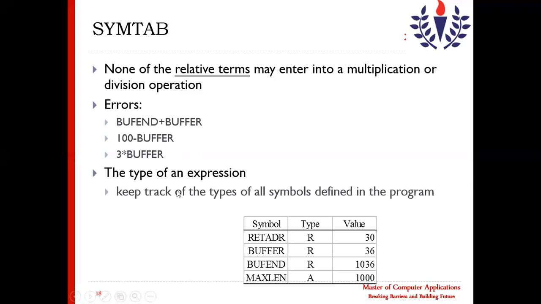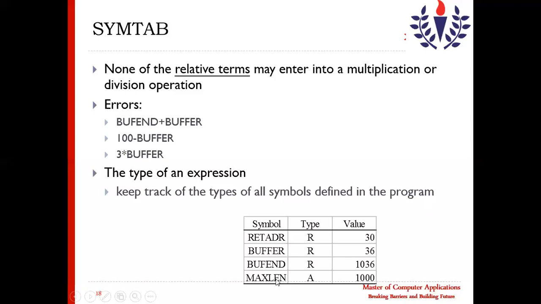The symbol table keeps track of the type of every symbol defined in a program. As discussed in previous modules, when we create the symbol table we can define each symbol and what type of symbol it is, so later it is easy to track whether a symbol is relative or absolute.